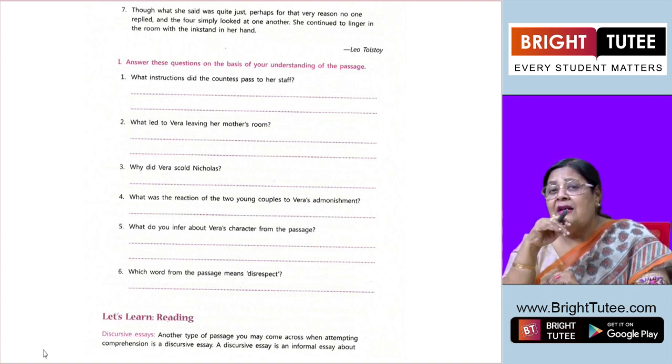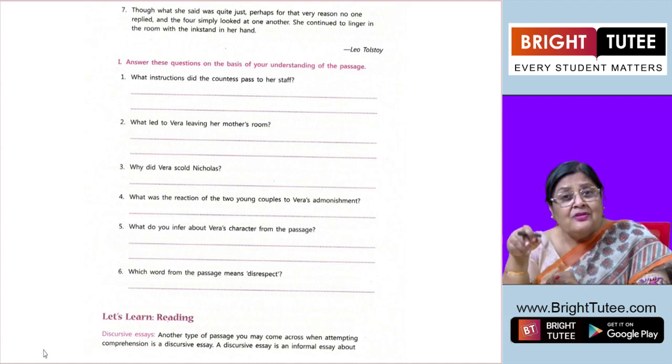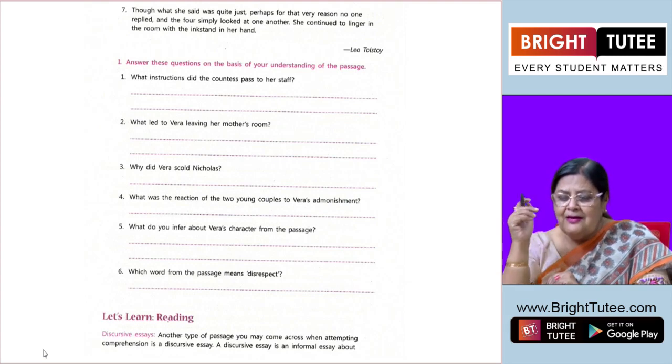Vera would not have said this if she was in a good mood. But the way her mother behaved with her made her sad. And this was the repercussion of that same incident.